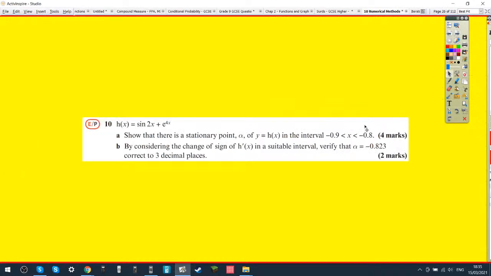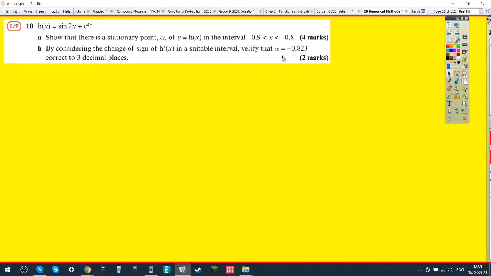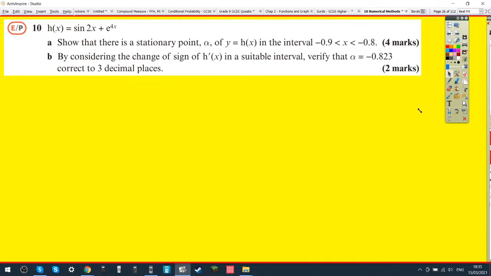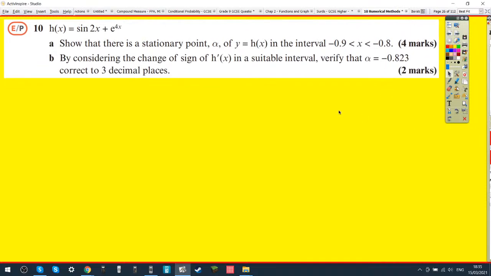All right, let's see. Show that there's a stationary point. Okay, how do we do this?